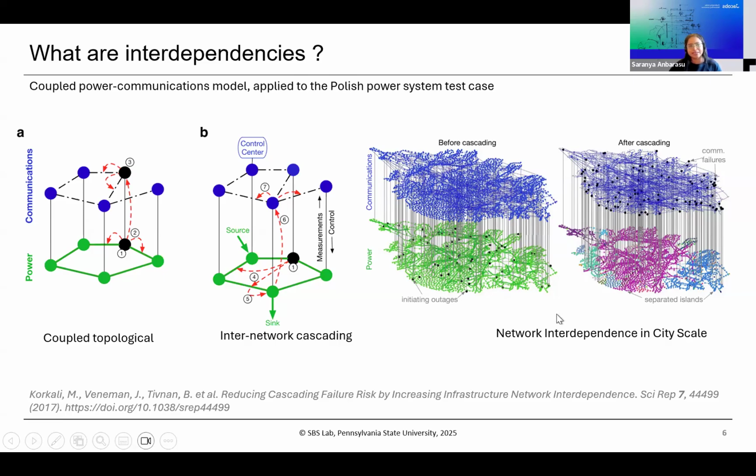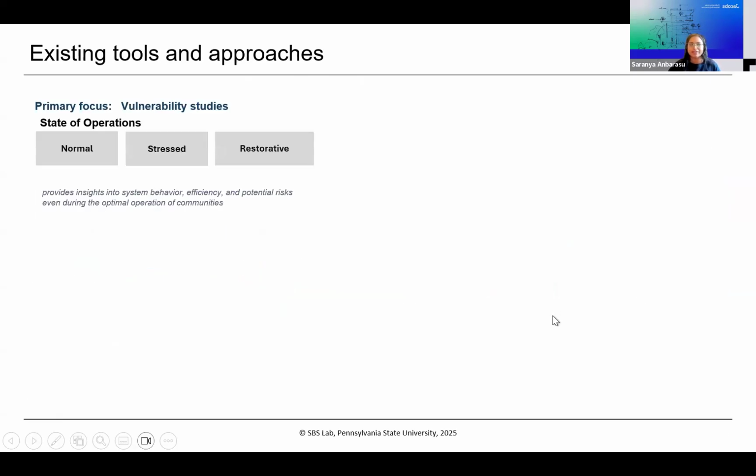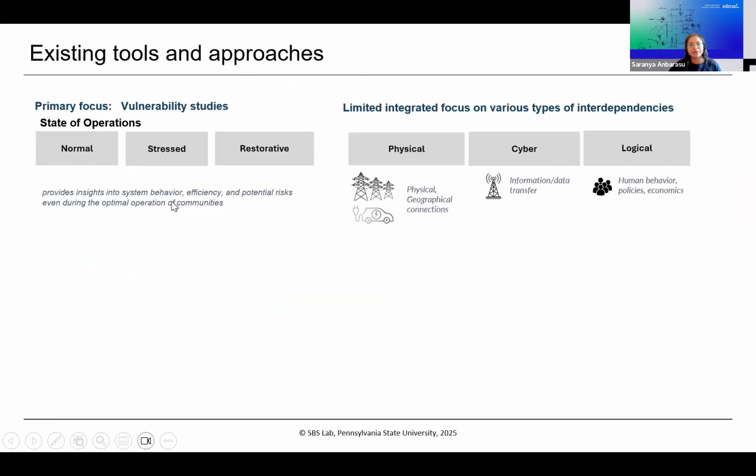But these studies are pretty much done for large city scales, and they focus on vulnerability studies in existing literature. But we also want to think about what happens in normal, stressed, and restorative operations, and also at community scales.